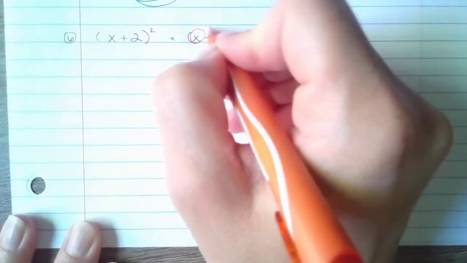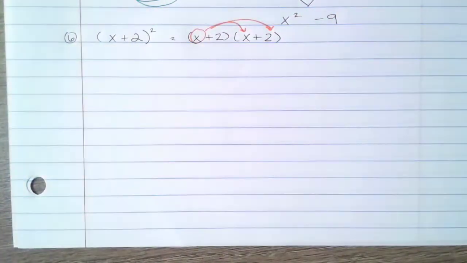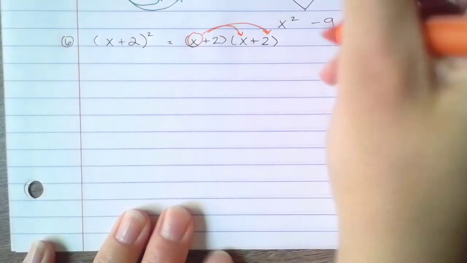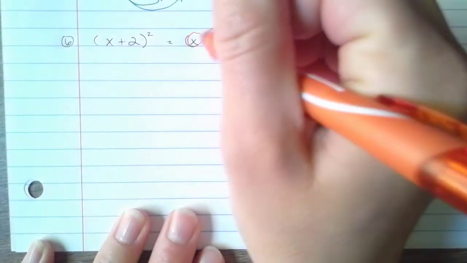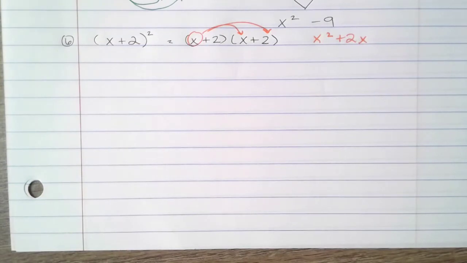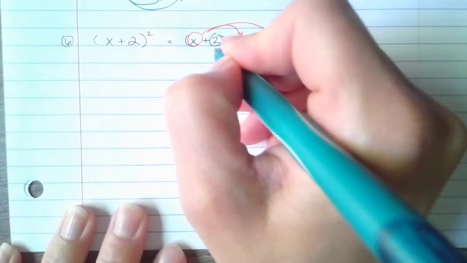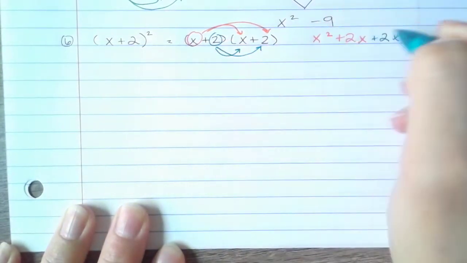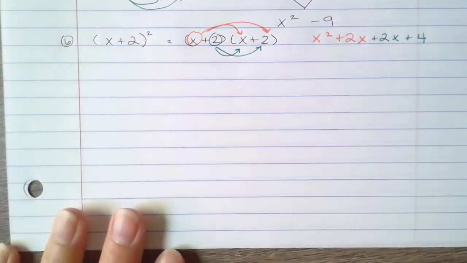Same thing, take the first term, multiply it by all the terms in the second polynomial. x times x is x squared, x times 2 is 2x. And then the same thing over here. You're going to distribute the 2 to the x and distribute the 2 to the 2, which is 4.